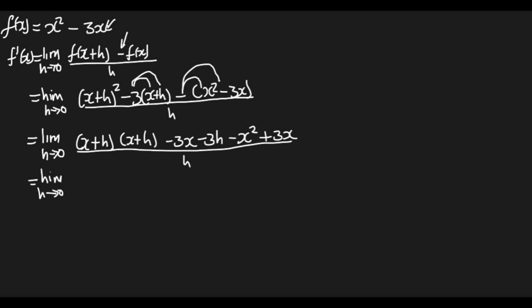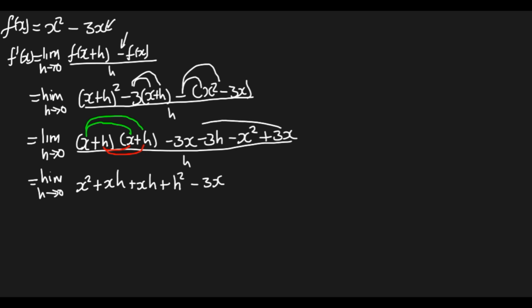From there, let's expand the first pair of brackets. So this x will multiply with x, and the second one with h. We know that x times x will give us x squared, plus x times h will give us xh. Then the second one, the h will multiply with x, then h by h. So x times h will still give xh, plus h times h will give us h squared, minus 3x.